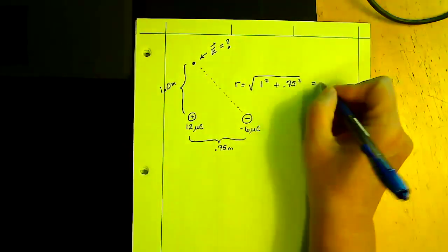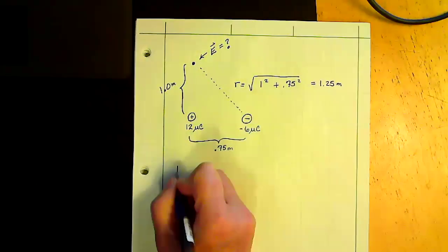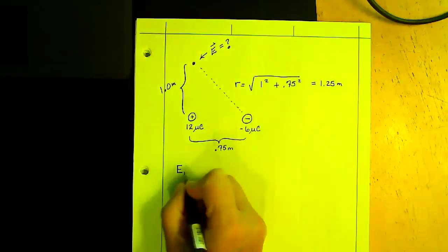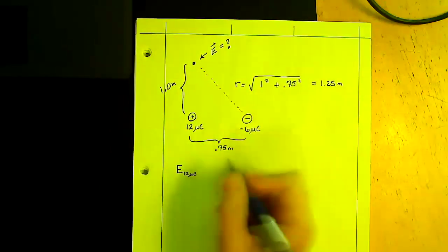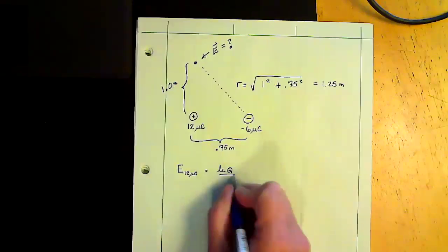And this gives us 1.25 meters. So the magnitude of my electric field due to my 12 microcoulomb charge is going to be KQ over R squared.